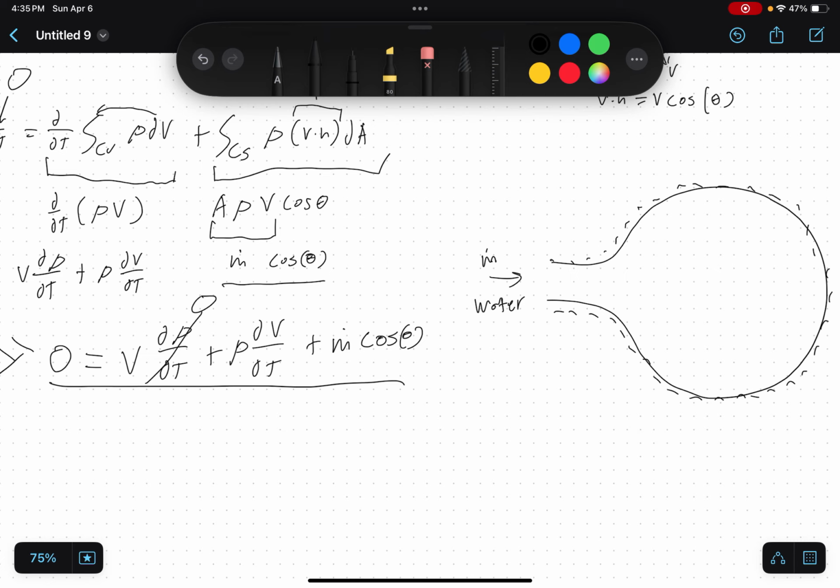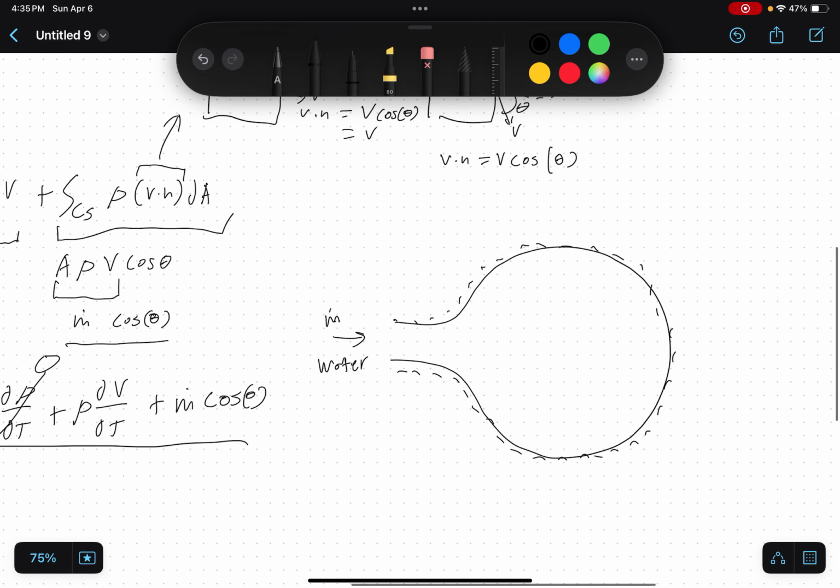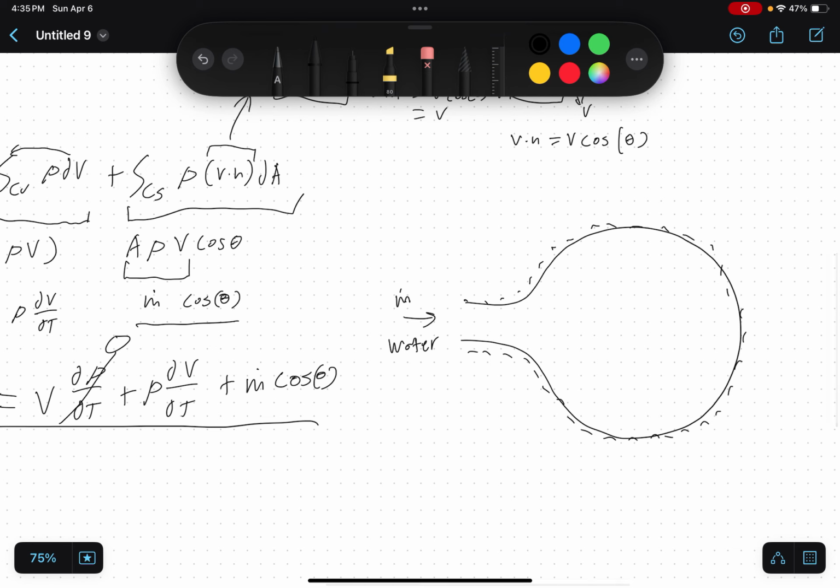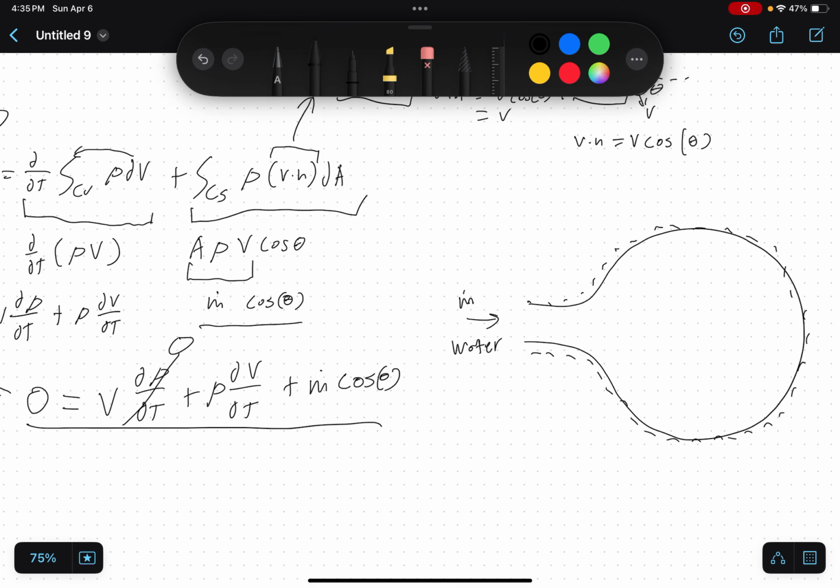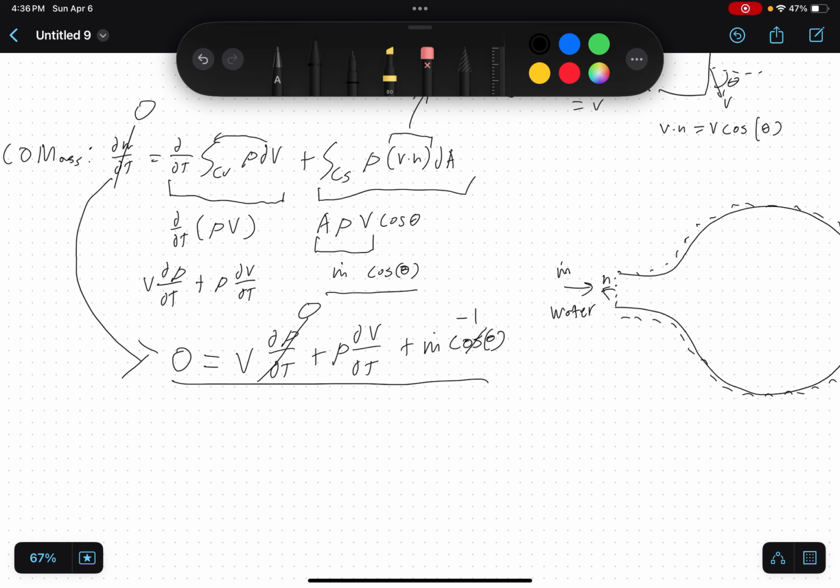Then, what about the second term, the dV dt? That is changing because the balloon is expanding. The volume is expanding with time. And the last term, m dot cosine. That is 1 because right here, the normal is pointing outwards. Technically, it's minus 1 because it's going in the opposite direction.